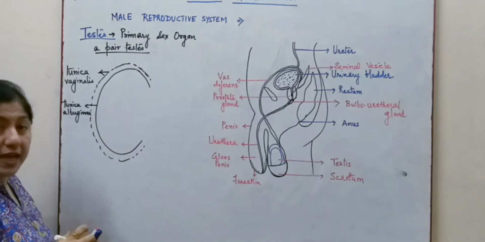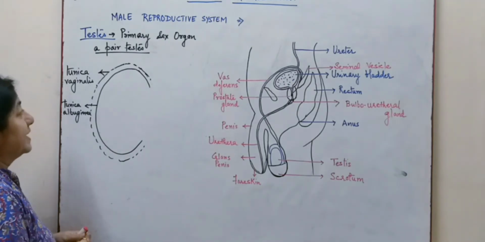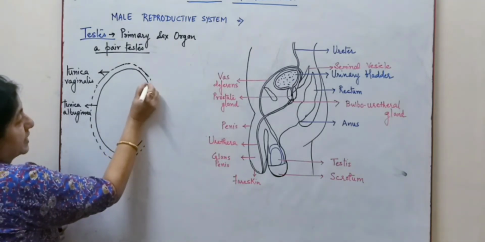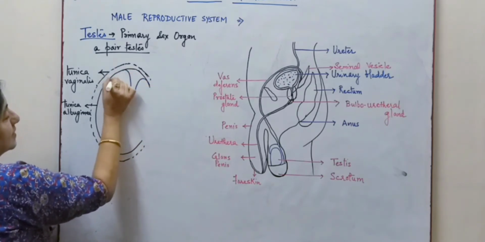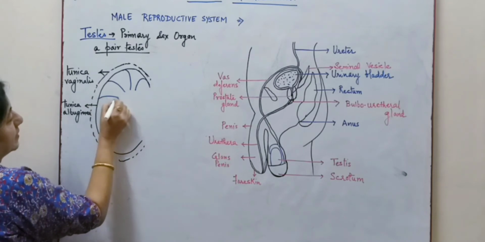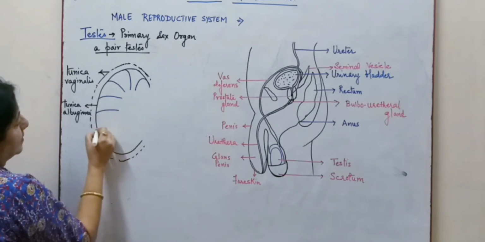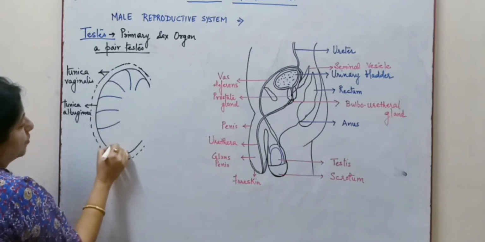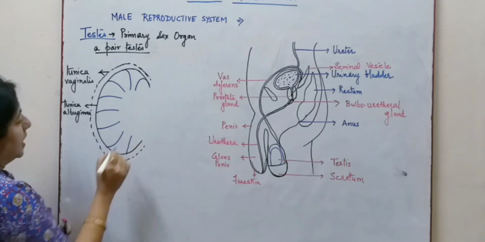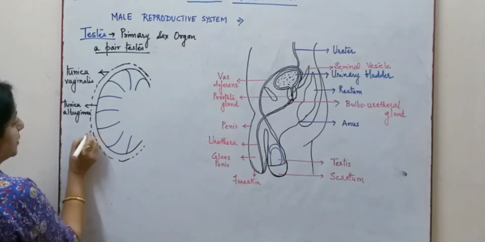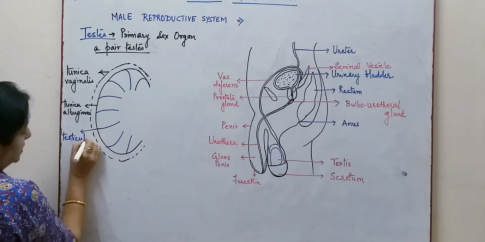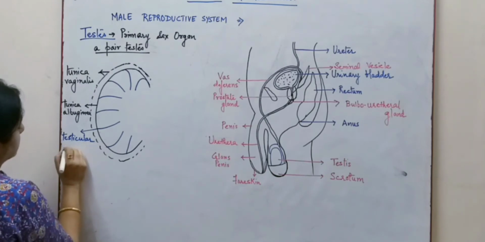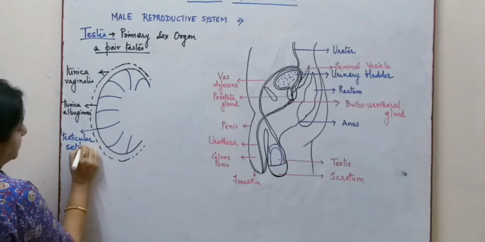Now this tunica albuginea has infoldings at certain places like this. These are the infoldings of tunica albuginea, and they are known as the testicular septum.